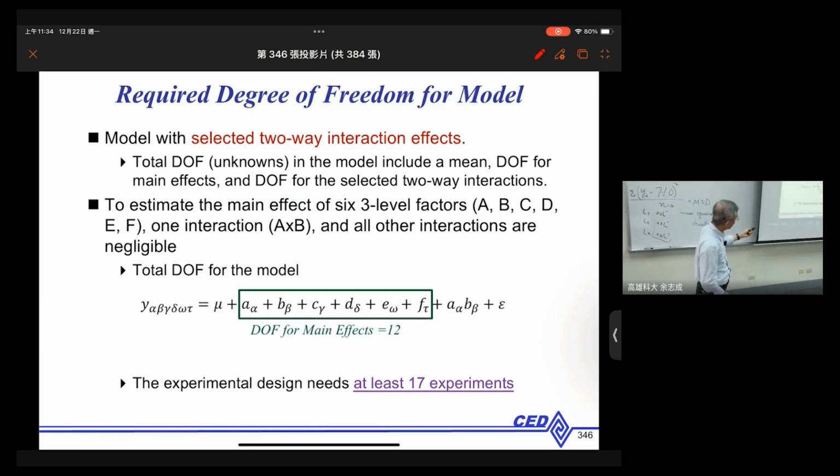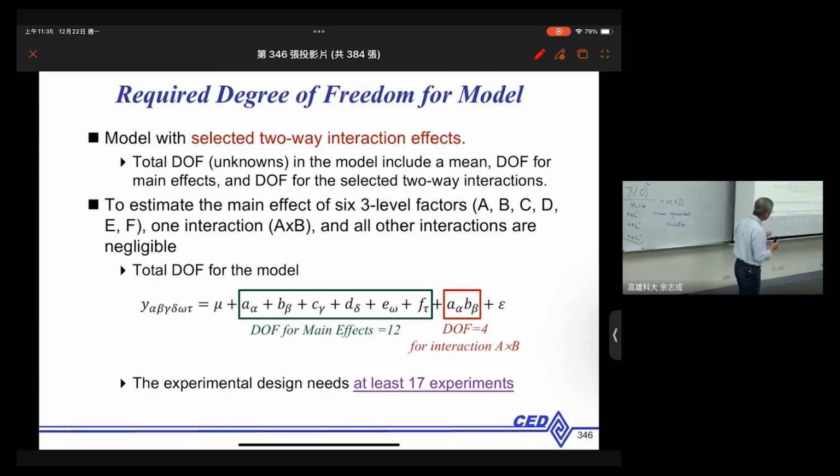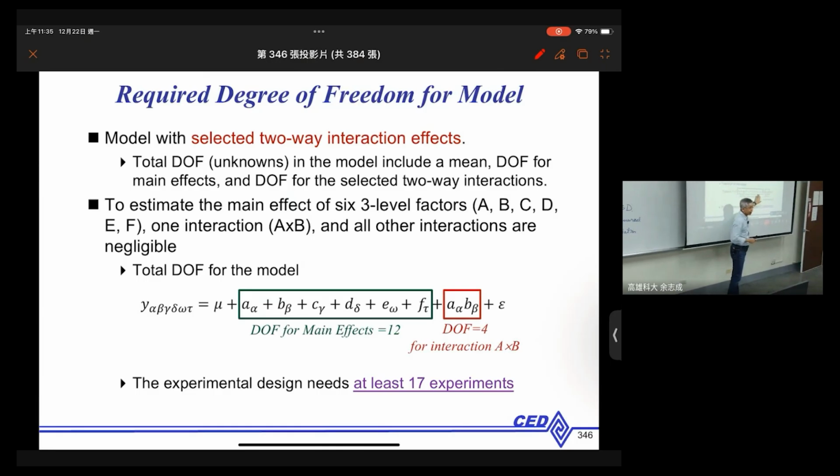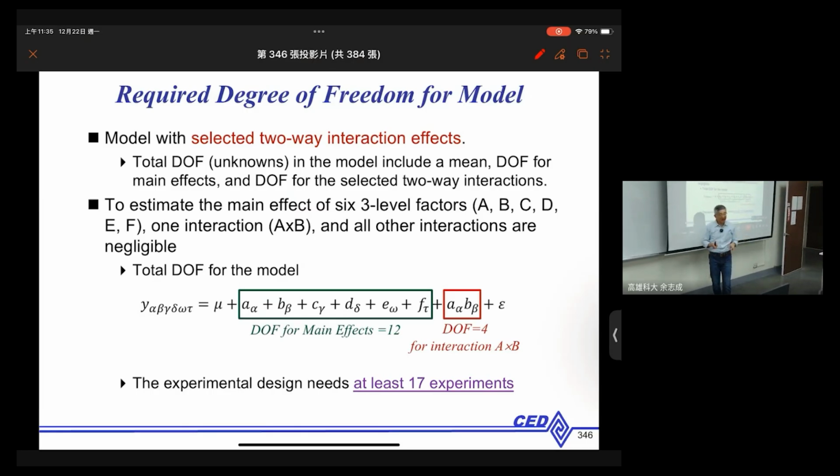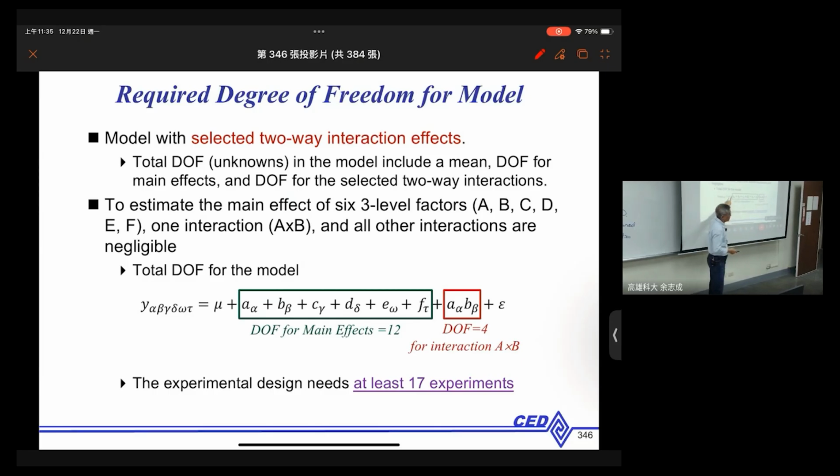Okay, and for the main effects, we have 1, 2, 3, 4, 5, 6 3-level factors, so 12 degrees of freedom. How about this interaction AB? Because they are 3-level, there will be 4 degrees of freedom, which means that in our model, there will be a total of 12 plus 4, 16 unknown variables, or actually there will be another one, mu.